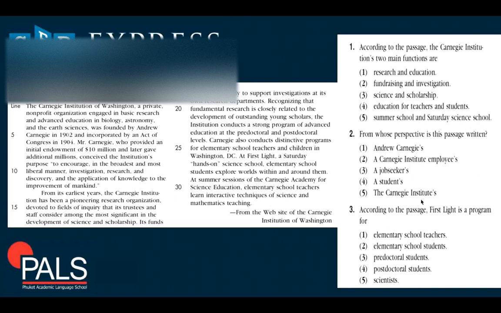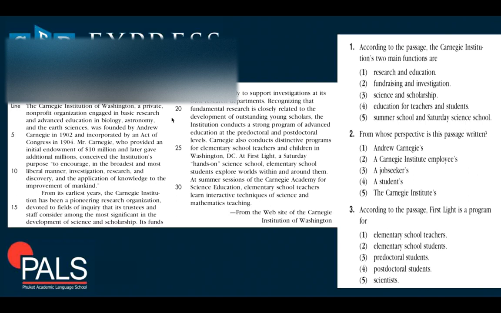Otherwise, if you had read it from a job seeker or a student or an employee, you might hear or read a little bit of opinion based on their own experiences and their own biases. But here, it's all about the good things that they've done, the very important information, or the key information about Carnegie Organization of Washington.